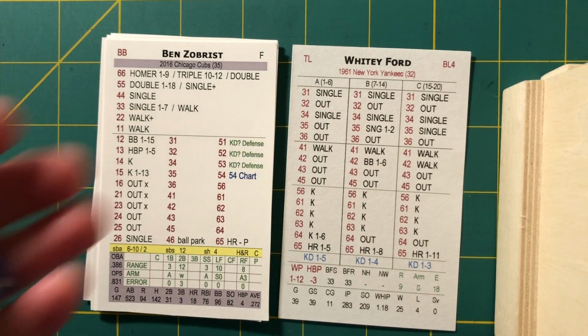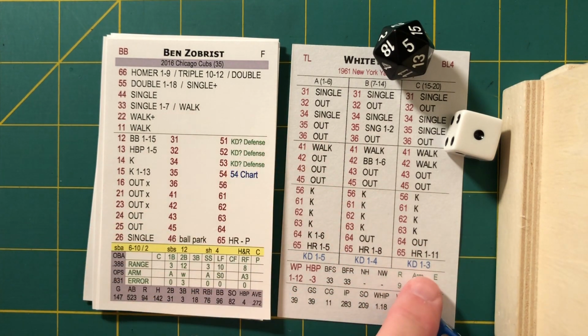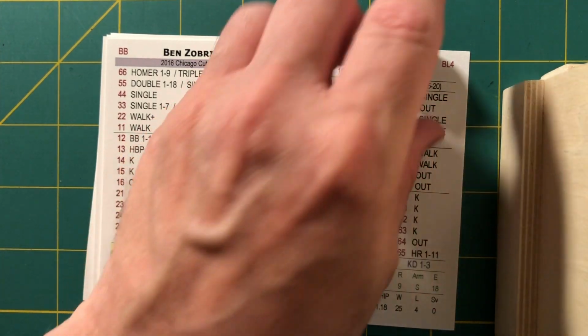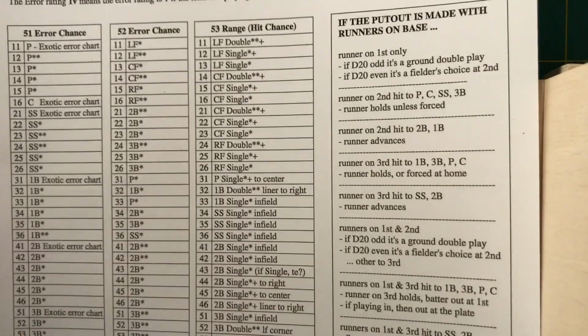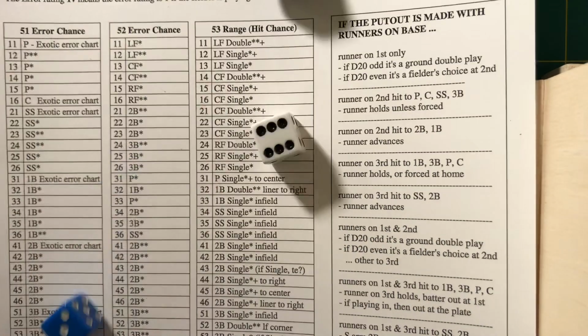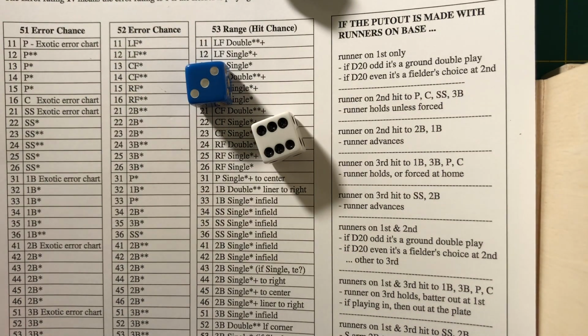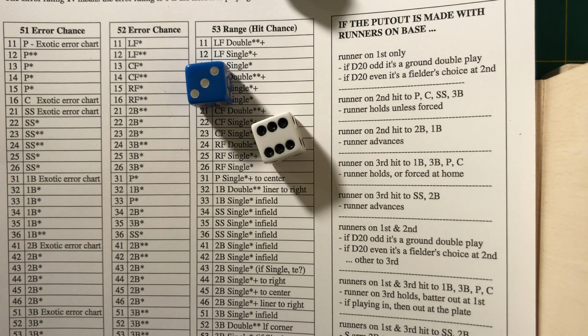Ford the stretch, the pitch to Ben. It's a 5. That's not in Ford's strikeout zone, so we have an error check. In the 51 column, it's a 36. It's grounded to Skowron.